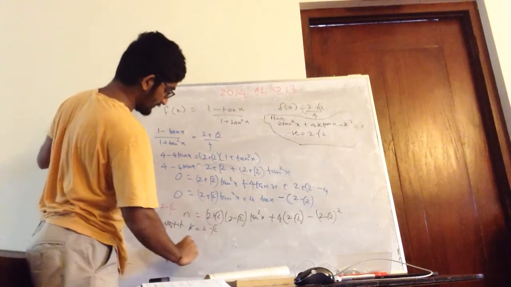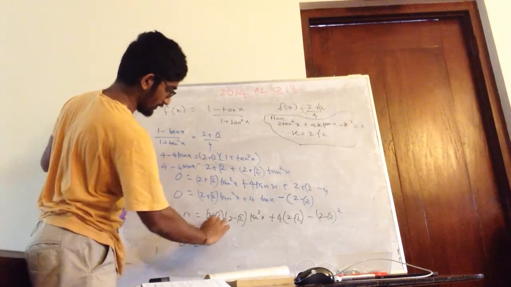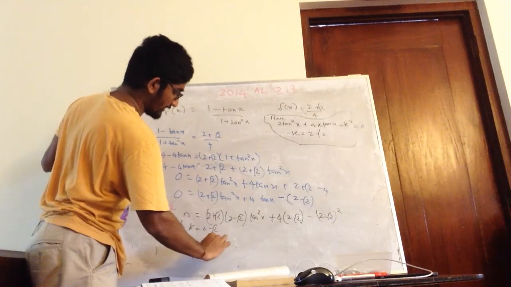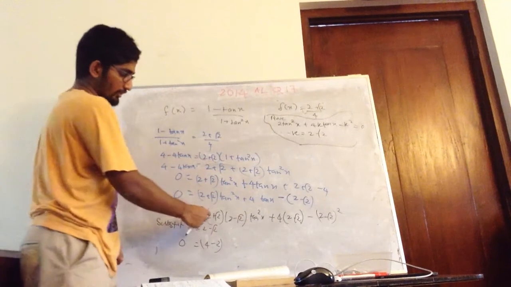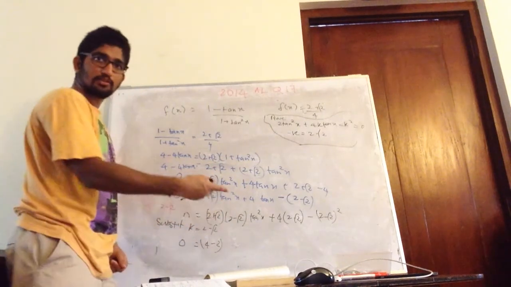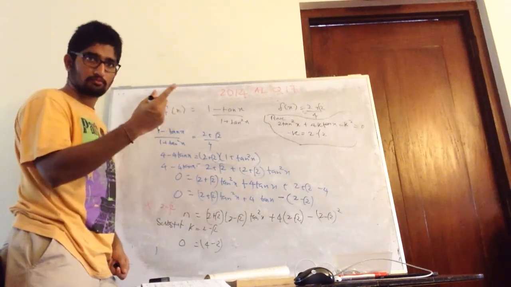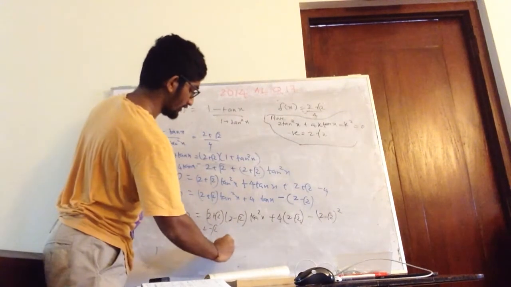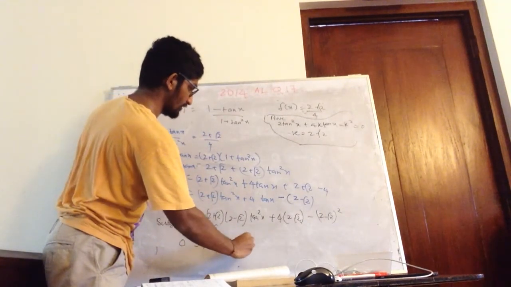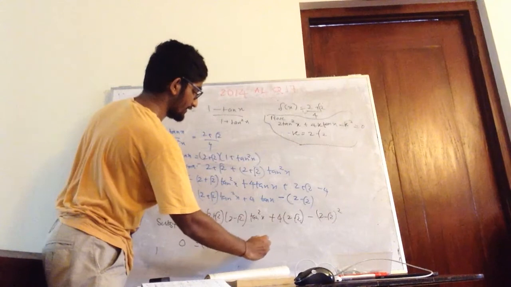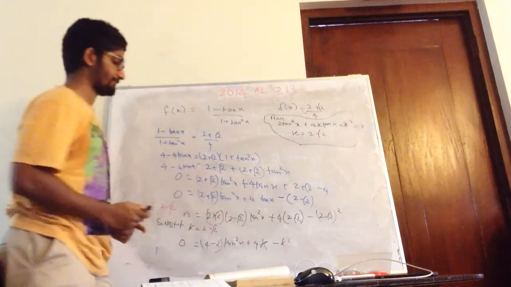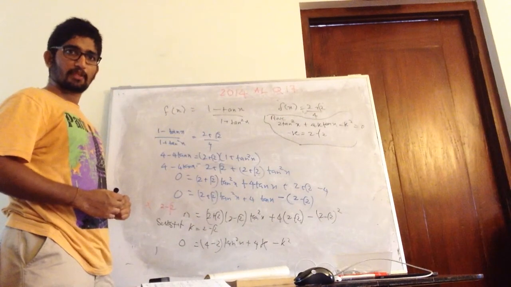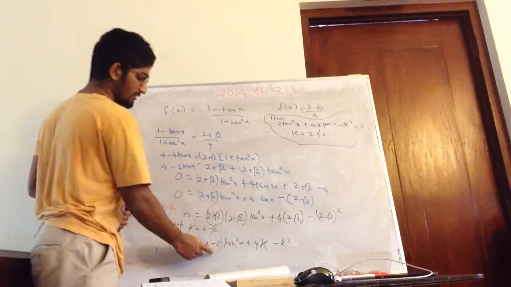Here I will get 4 − 2. Right? So, this is 2² − (√2)². So tan²x plus 4, this is k. This is k squared. So then this is basically 2.